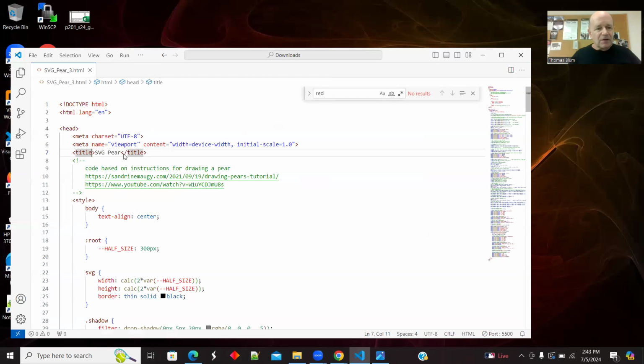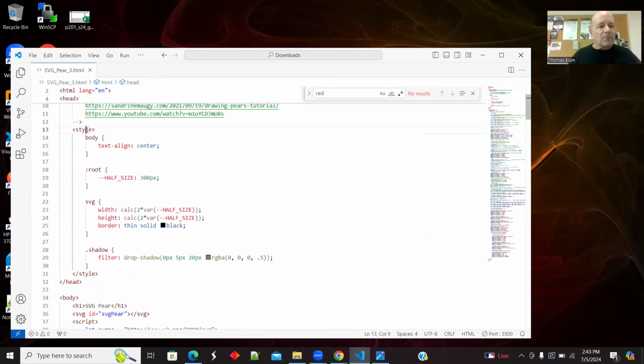So here is just the HTML page. Here are my references to Sandrine. The style is just establishing a size and then styling the SVG based on that size. So this is half of the size. And then I did some kind of drop shadow around my shape.